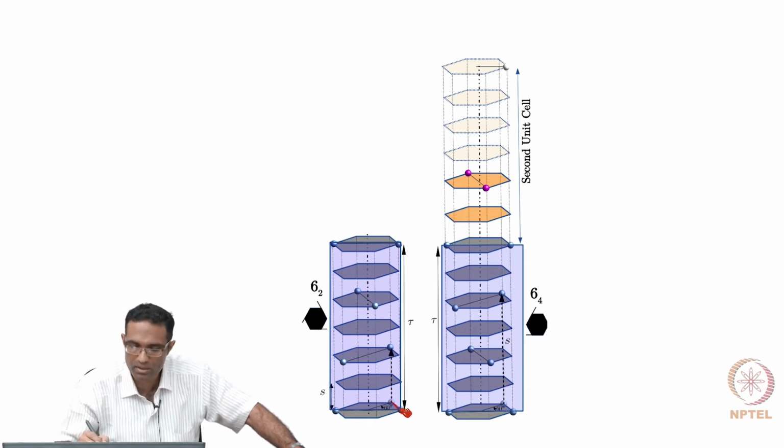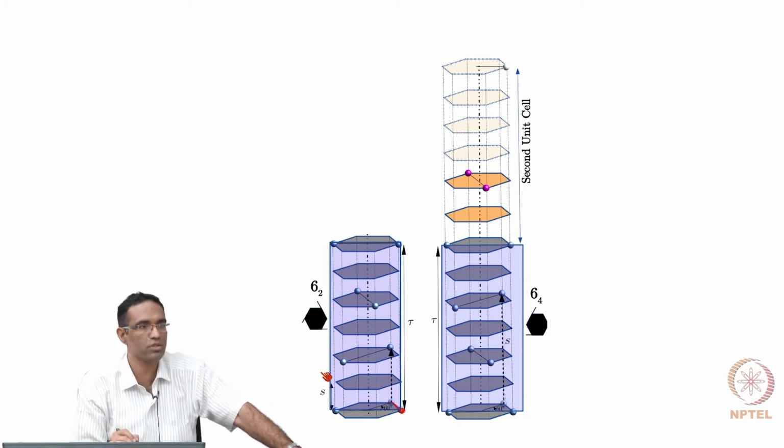But by performing the 6-2 operation a certain number of times, I ended up with an atom right here, which means there has to be an atom in this spot as well. Consequently, all these planes get additional atoms, and this is the way the 6-2 rotations look.